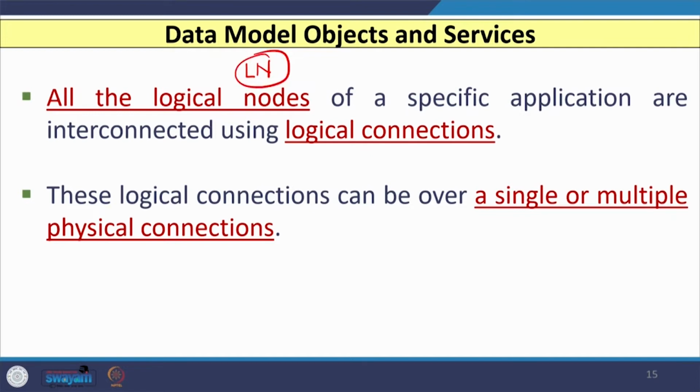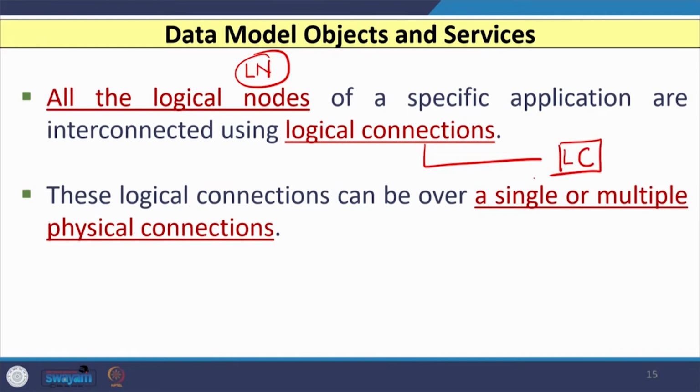All the logical nodes, which we denote by Ln, of a specific application, let us say protection application, control application or automation application, are interconnected using connections known as logical connections. If I want to connect two logical nodes, it can be connected by a logical connection, denoted by the symbol LC.